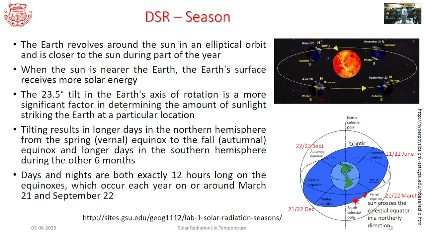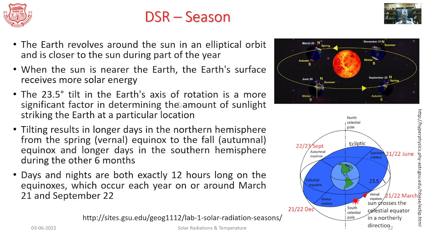We know that the earth revolves around the sun in an elliptical orbit and it is closer to the sun during part of the year. When the sun is nearer to the earth, it will be receiving more solar energy.